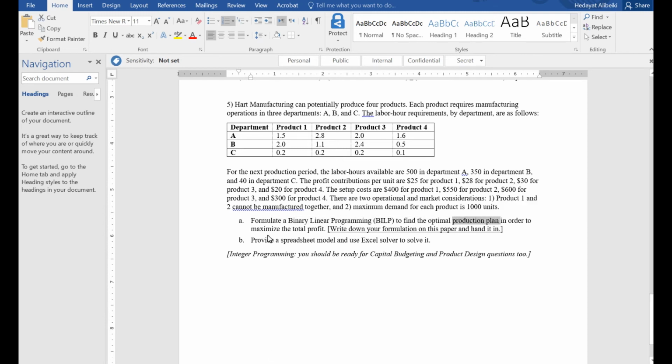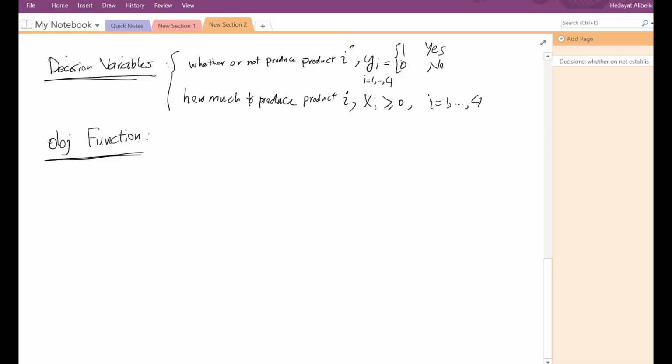These are the decisions, and this is our objective: maximum total profit. So we want to maximize total profit.